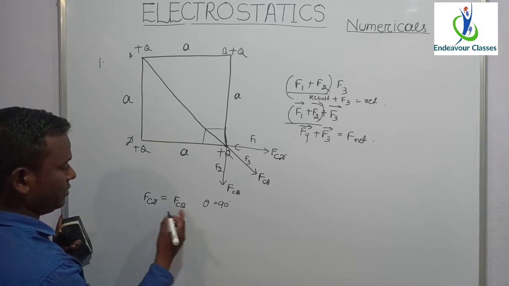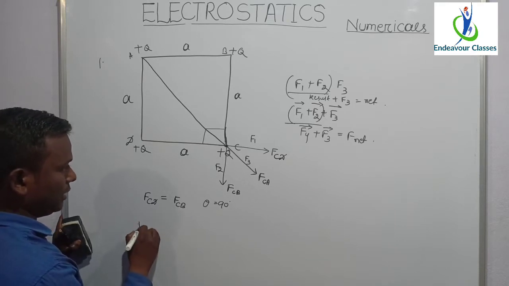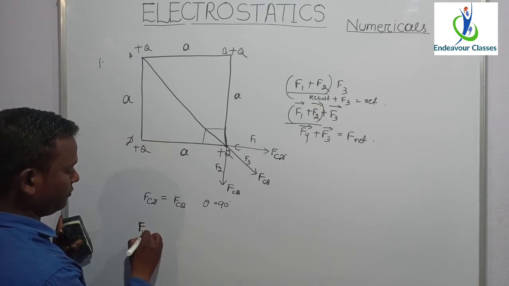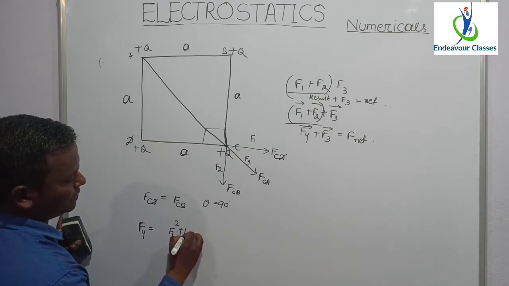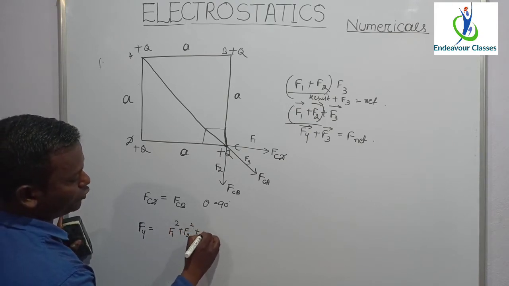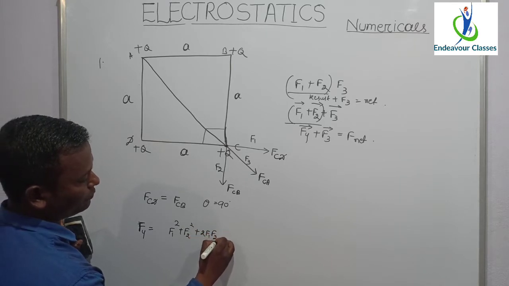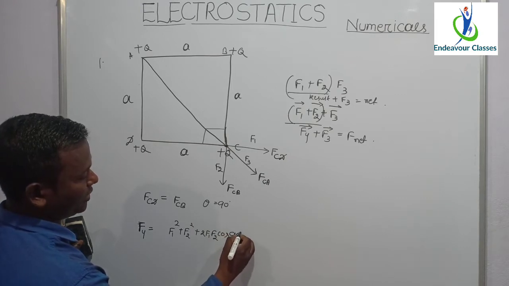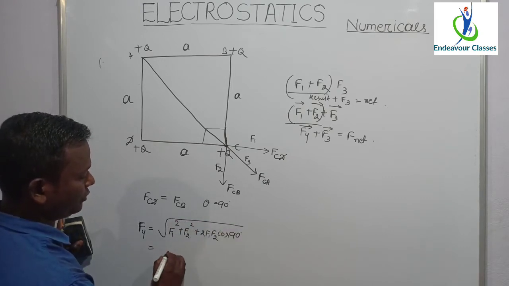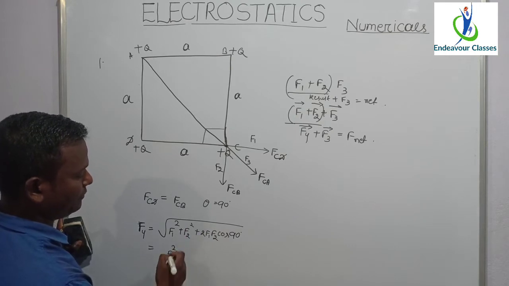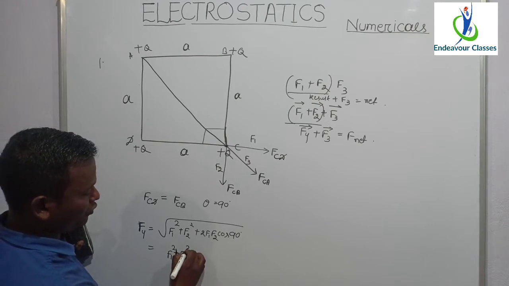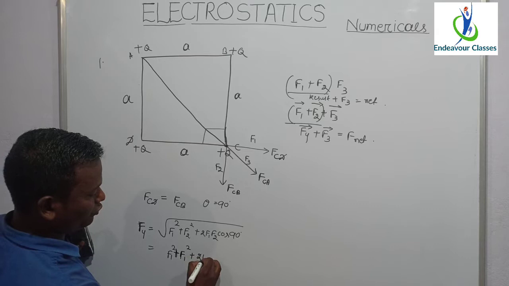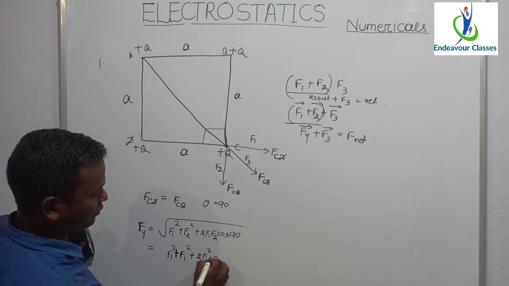The resultant of these two, let it be F4, will be equal to the square root of F1 square plus F2 square plus 2F1F2 cos of the angle between F1 and F2, which is 90 degrees, so cos 90 degrees. In place of F2 we can write F1, so it is F1 square plus F1 square plus 2F1 square cos 90, and cos 90 is 0.